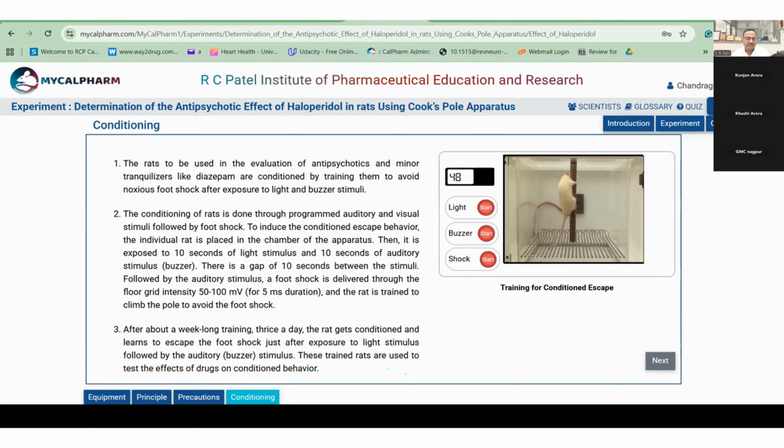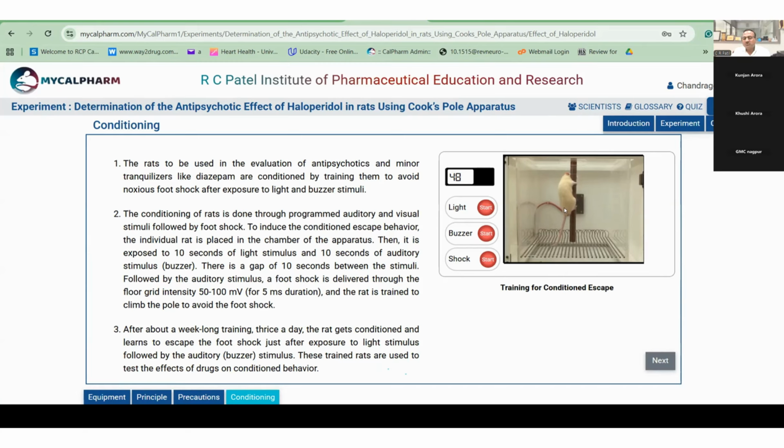Once your students understand that conditioned response is learning to escape from the forthcoming shock just by looking at the light signal and hearing the buzzer signal, that is what we are considering as conditioning. And then in the actual experiment, when the drug is administered, the students will be able to see on screen that only the conditioned response is blocked by antipsychotics.